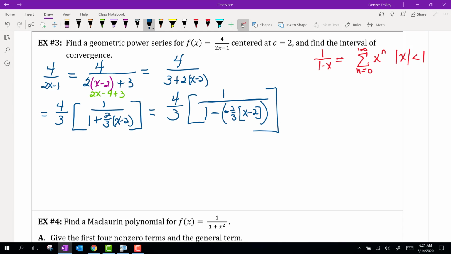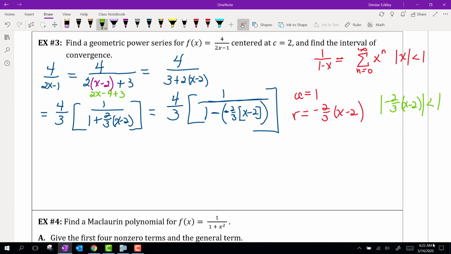So now we can write it as a geometric series. In this geometric series we have a equals 1, and we have r equals negative 2 thirds times x minus 2. And also remember that we have the absolute value of negative 2 thirds x minus 2 is less than 1, because we're going to need that for our interval of convergence.